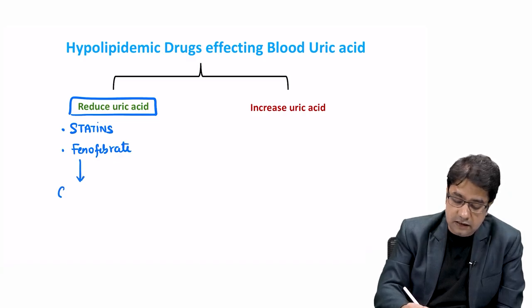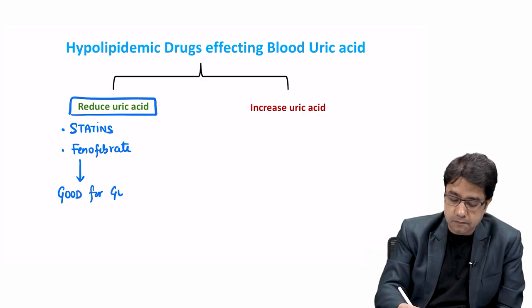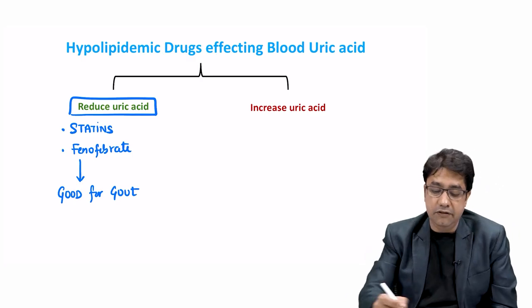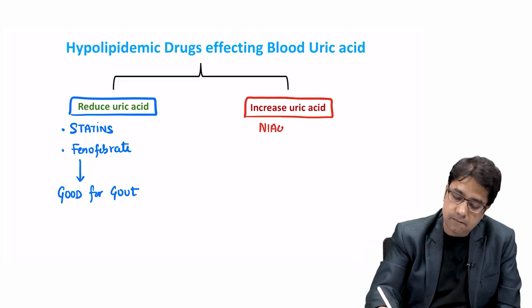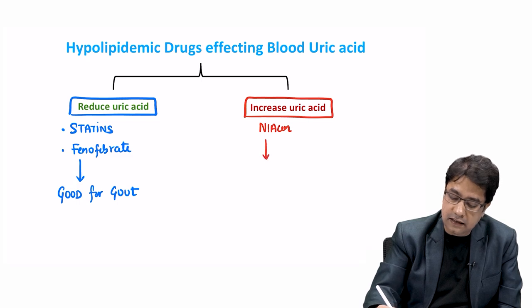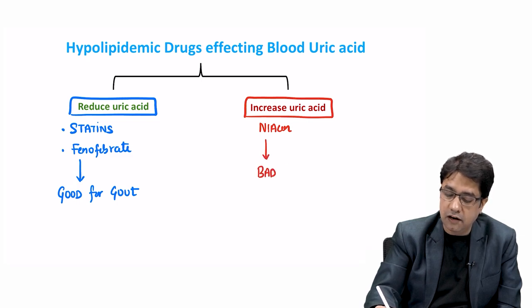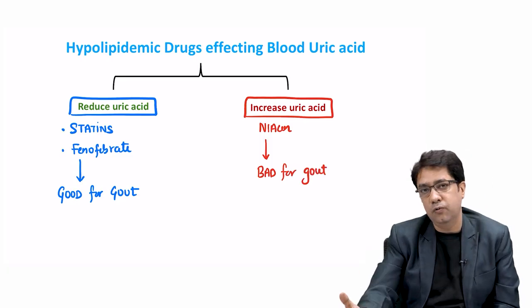Because of this reason, these drugs are good for gout. And which drug increases blood uric acid level? The answer is niacin. That is why niacin is a bad drug for gout. It itself can precipitate an attack of gout. This is a recently asked question.